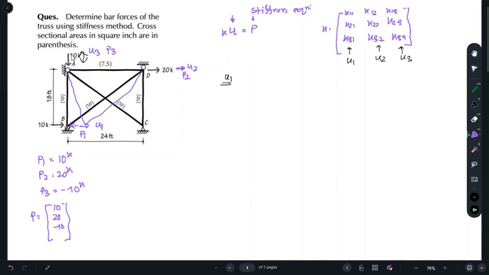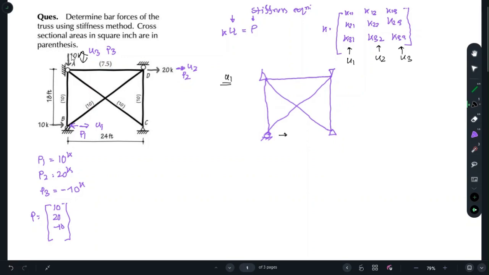So I will draw this right over here. You have point A right over here, and you have point D right over here, and you have BD right over here, and your cross member. So we'll allow rotation right over here, and everything else will be pinned. So there will be no movement in these things. If that is the case, how will it move? It will move this way.